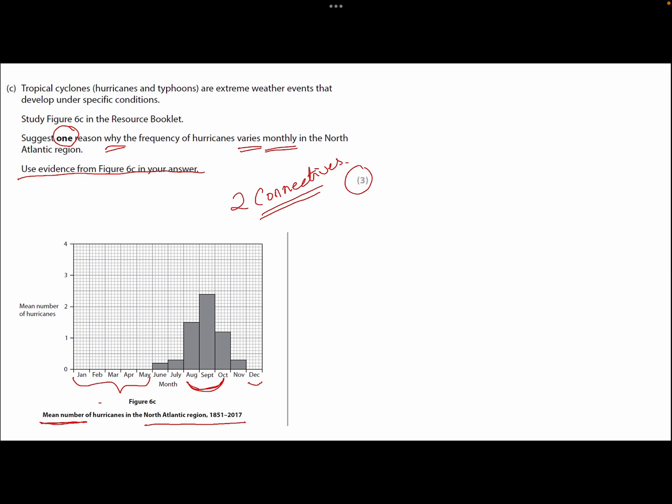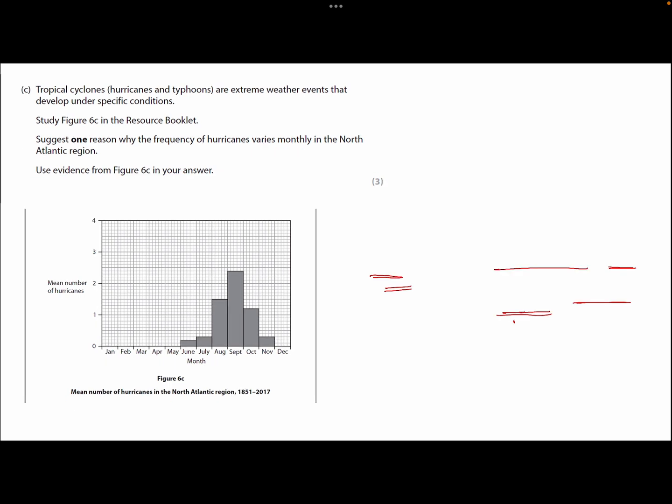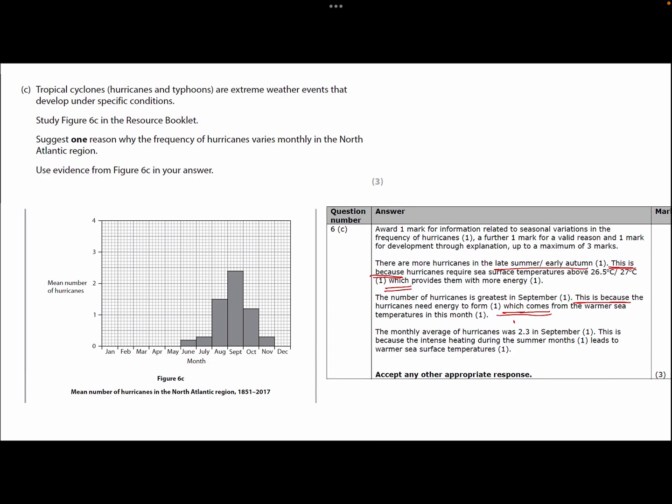And that's linked to the fact that you have seasons and the temperature is warmer, and therefore you know that we need 27 degrees temperature in the warm waters for a hurricane to form, and that's what they are trying to get you to explain. But you need 2 connectives, all right? And you have to refer to figure 6C. So these are some of the answers.